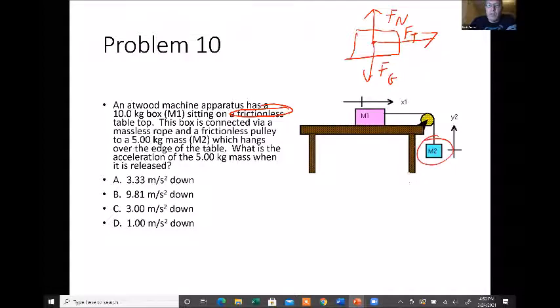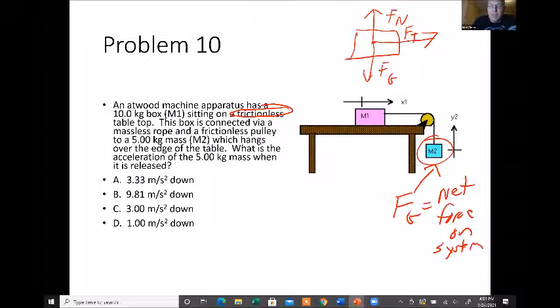So really, the weight of this box is the net force acting on the system. Think of both objects. F net of system is equal to mass of system times acceleration of system. Just take Newton's second law and think about the whole system.